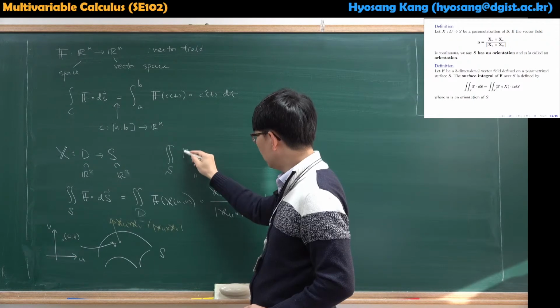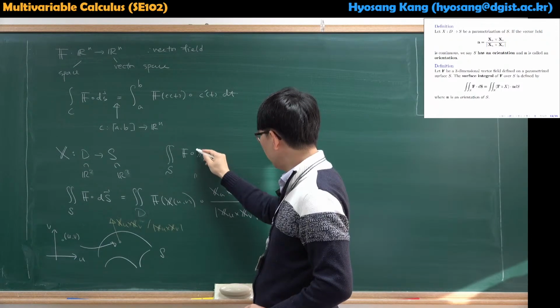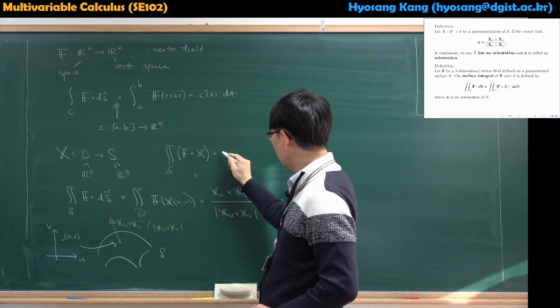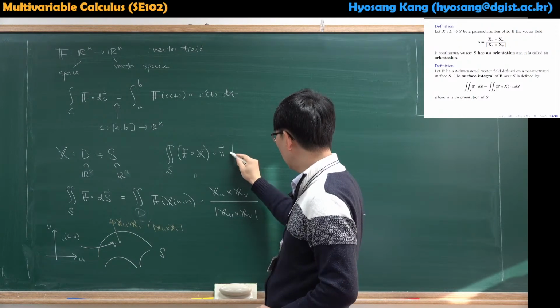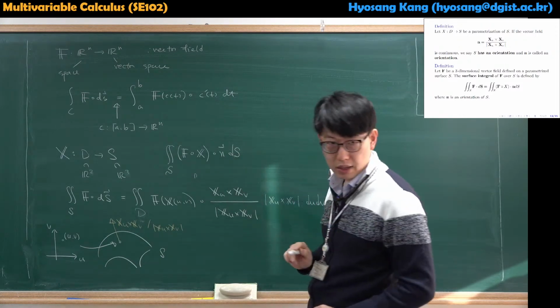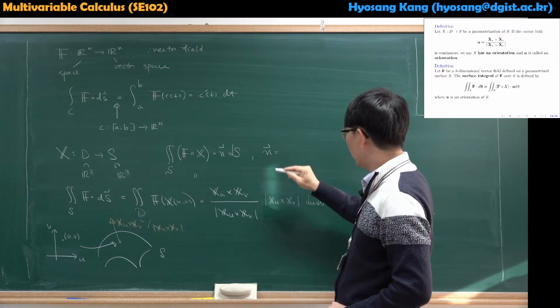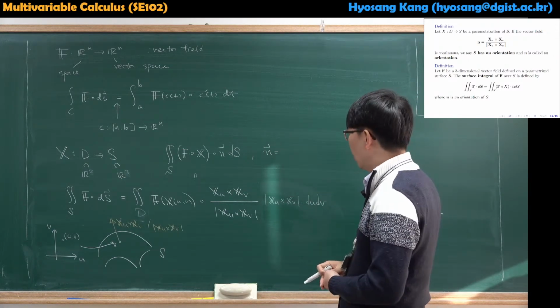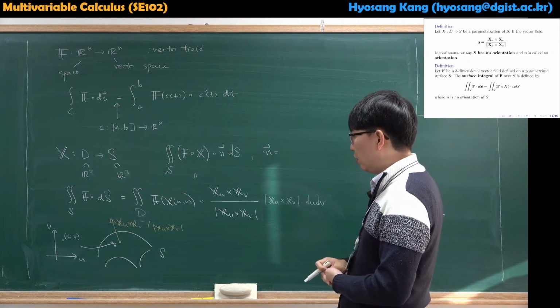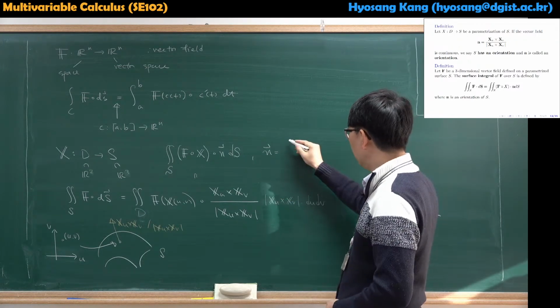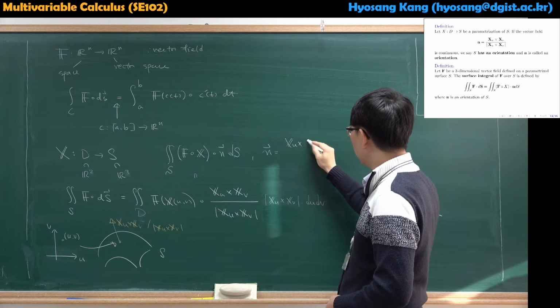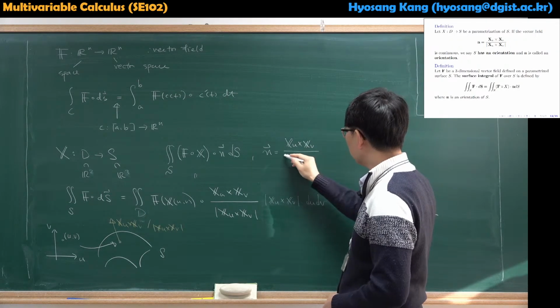Actually this is the original definition, f composite x, like this, where n is the orientation, meaning that it's a normal vector which is perpendicular to the surface at every point.